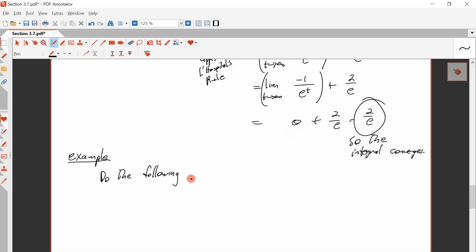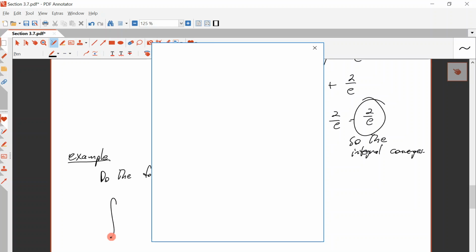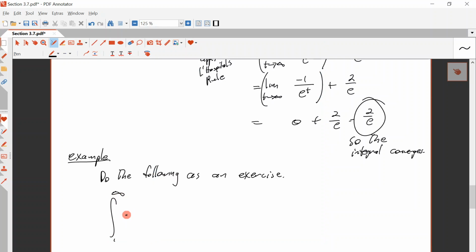All right, do the following as an exercise. The limit as t goes to infinity of the integral from 1 to infinity of 1 over x to the p dx.